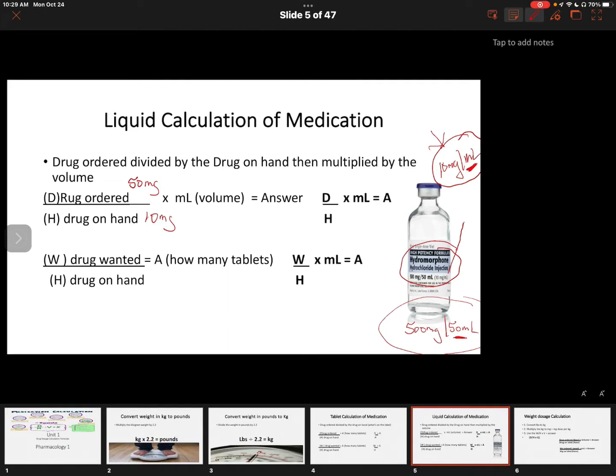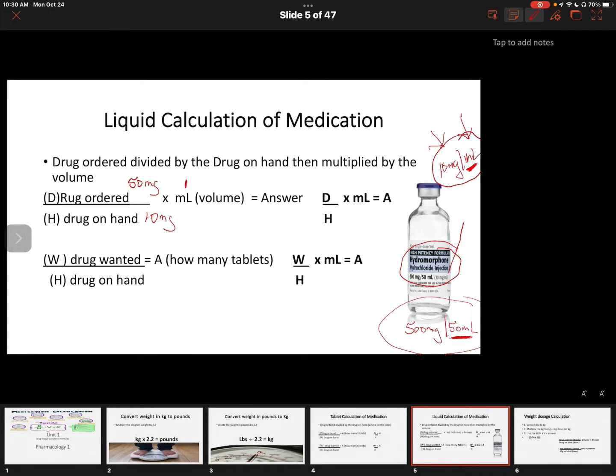When there's not a number written in front of the milliliters, it automatically defaults to 1. If there's a number in front of the milliliters, then we use that number. But in this case, it doesn't have a number. So we're going to put 1 right here.